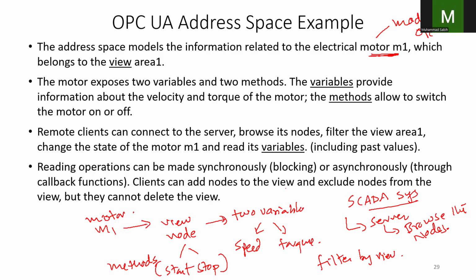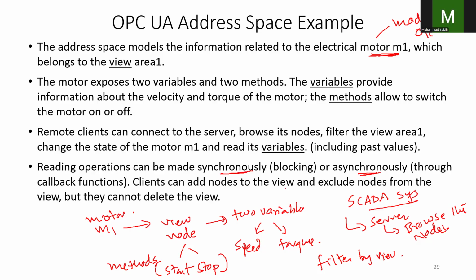One of the key things to highlight is how the reading operation can be done. The reading operation can be done in a synchronous way or an asynchronous way, which is based on callback functions. So this flexibility supports different industrial needs.